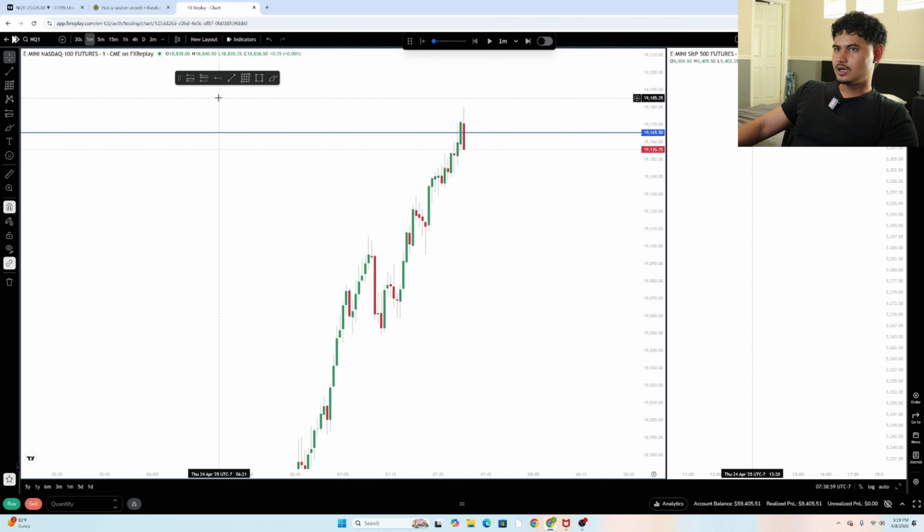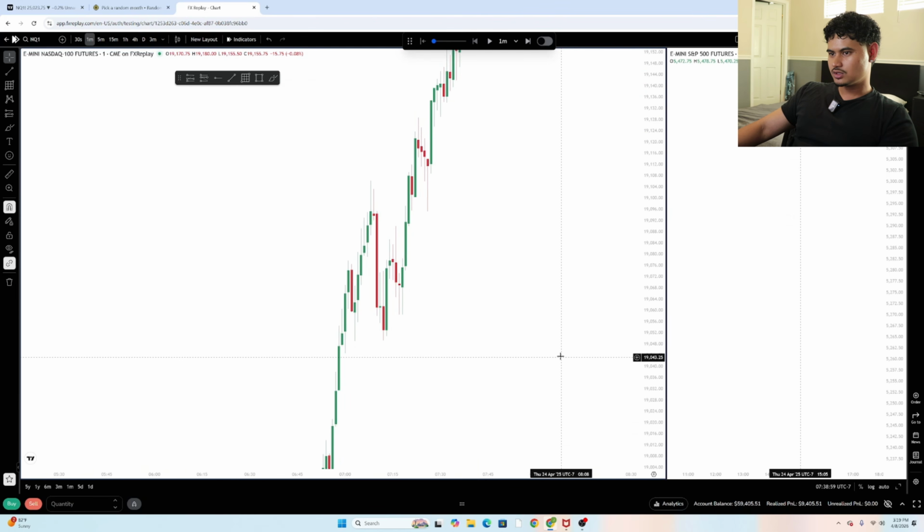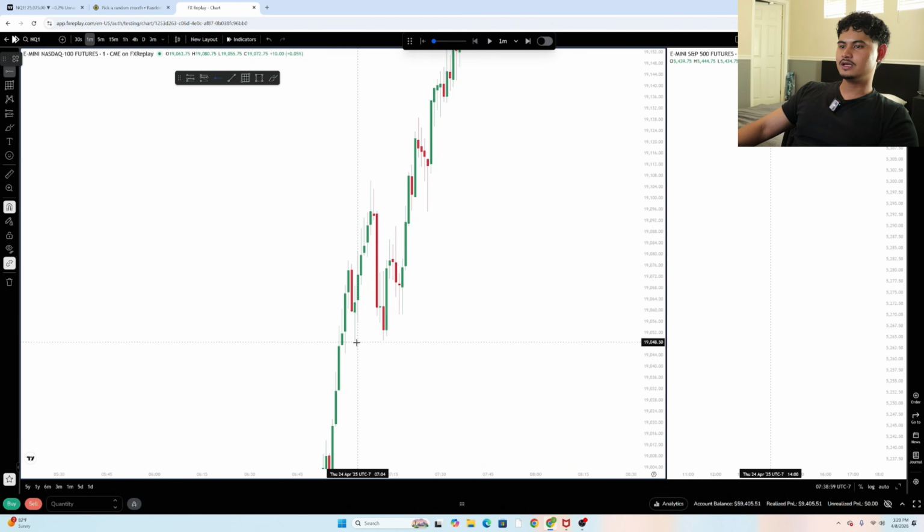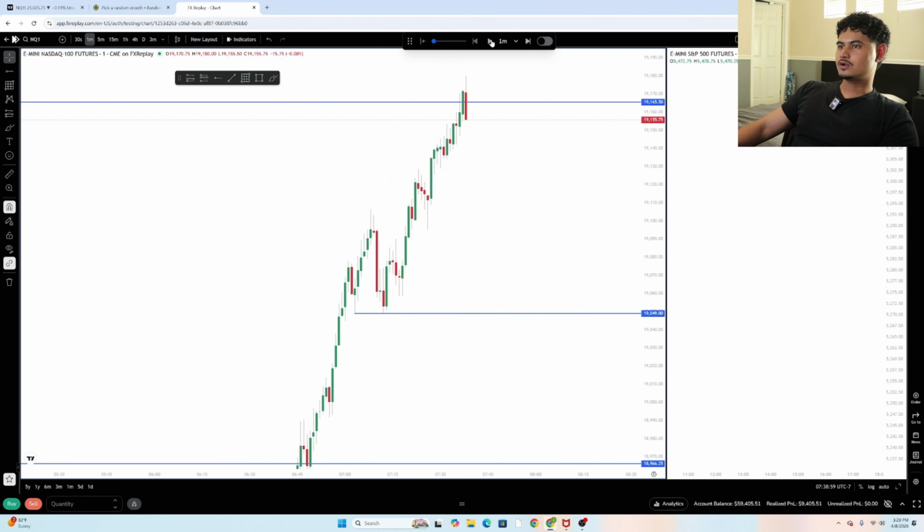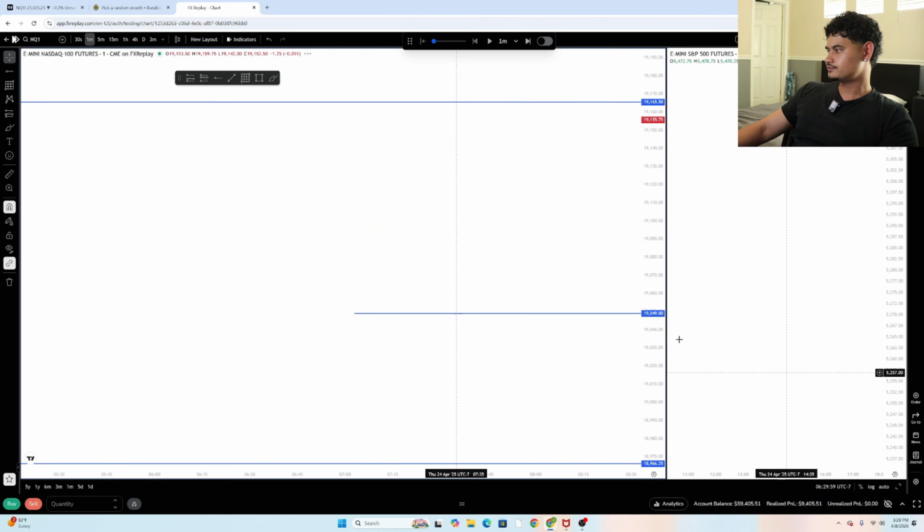So potential setup. The only reason I didn't want to take it is because of these equal lows. We have equal lows right here, and that is a very, very strong draw liquidity. Very good chance that this gets swept before going higher. So I'm not mad that I passed on that trade.